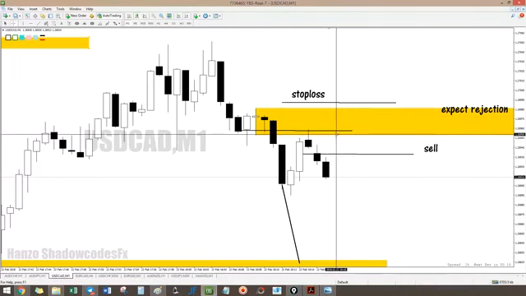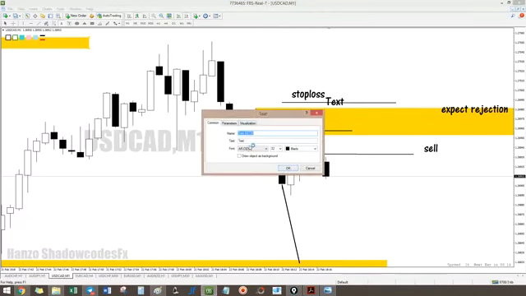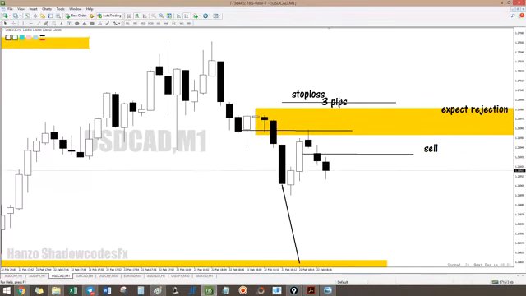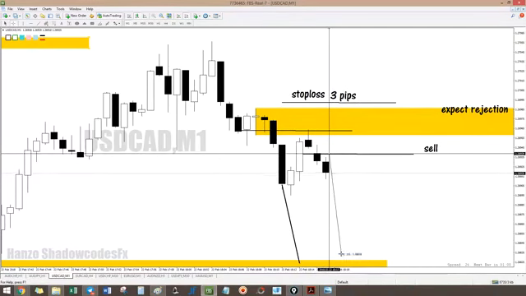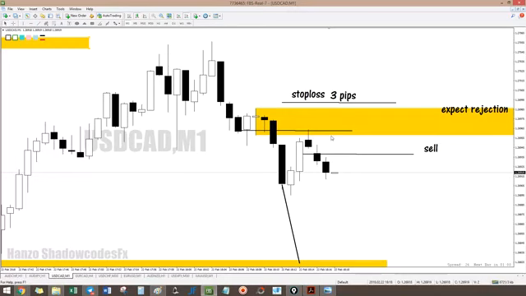Stop loss how many pips? About 3 pips. Your take profit area will be about 10 pips.